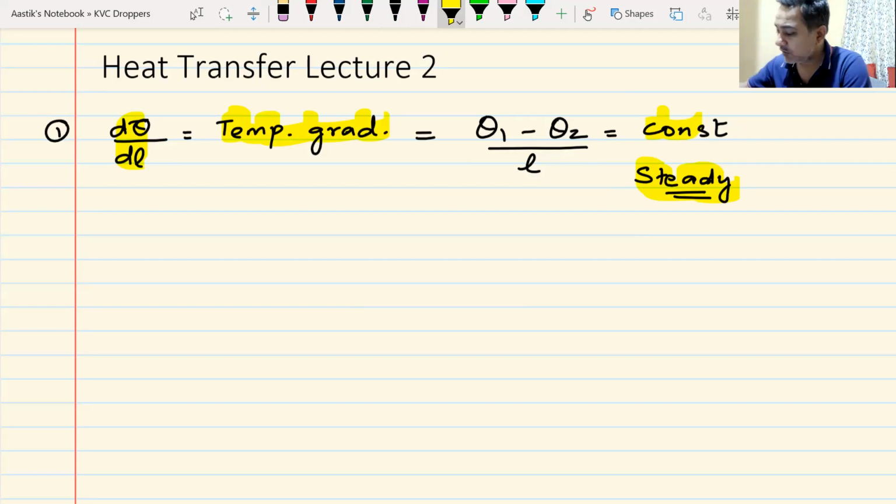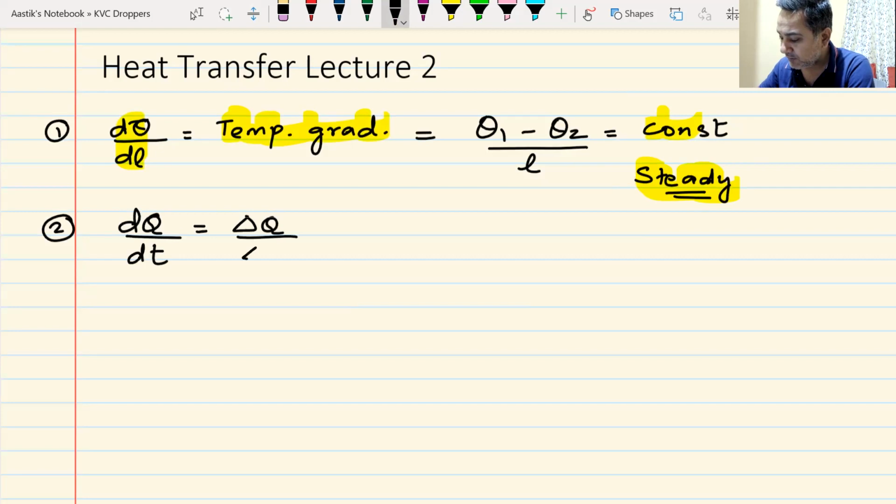The second thing that we saw was the heat flow dq by dt, where t stands for time. You can also write it as delta q, the amount of heat flown, divided by delta t, how much time it has flown, is equal to k a by L into theta 1 minus theta 2.